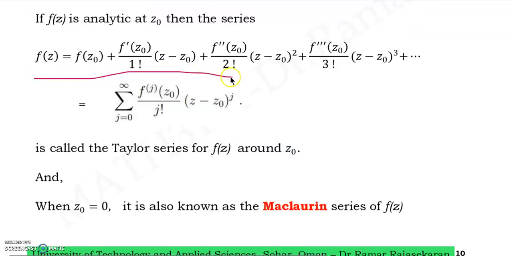This is called the Taylor series of the given function f of z around the point z0.